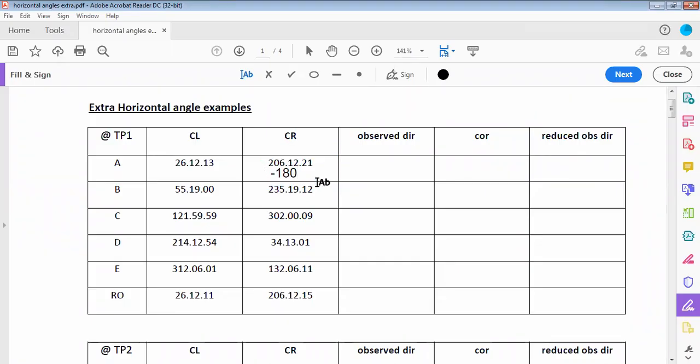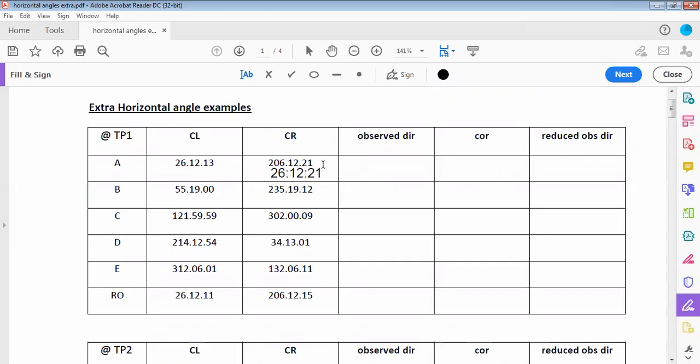So if we take 206 degrees, 12 minutes, 21 seconds minus 180, we get 26 degrees, 12 minutes, and 21 seconds.